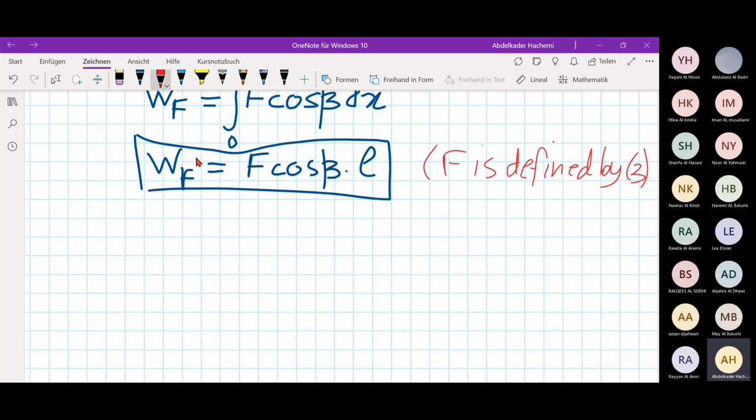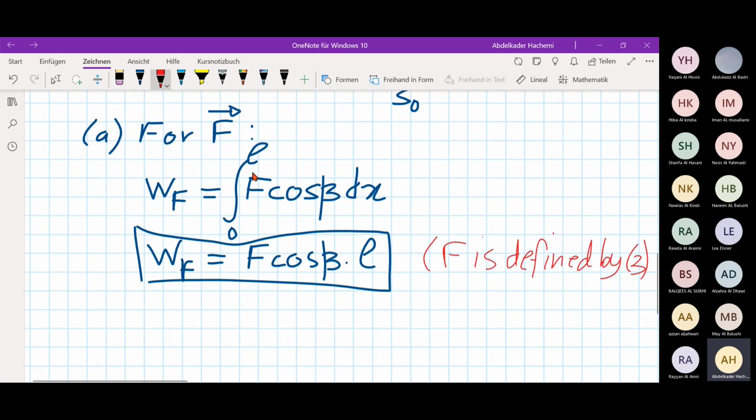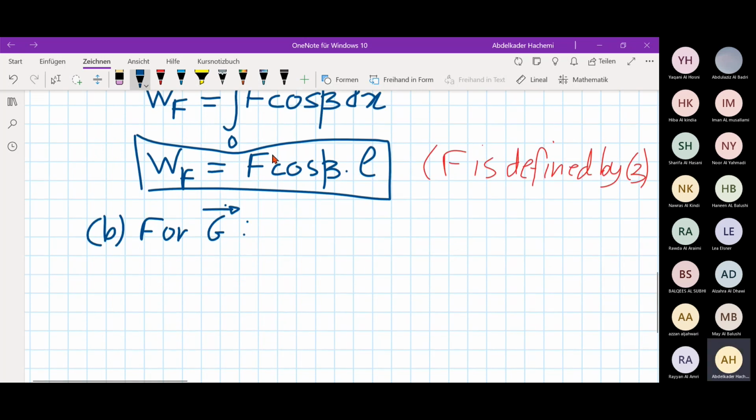Now, if we look at the weight here, the same principle, as the motion is along the x direction, then we take here the case B for the weight G. The same principle, we write W_G.